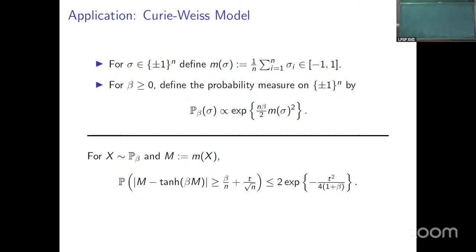Okay, so if we want this to concentrate, we want to maximize. So we take d d alpha of this expression. If we want to maximize this, it's enough to maximize this term in here. And because we have this e to the n, whatever the maximum is, we're really going to see this.